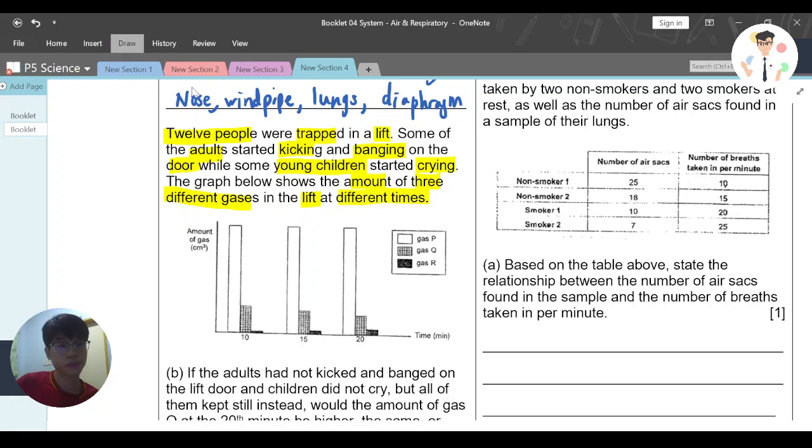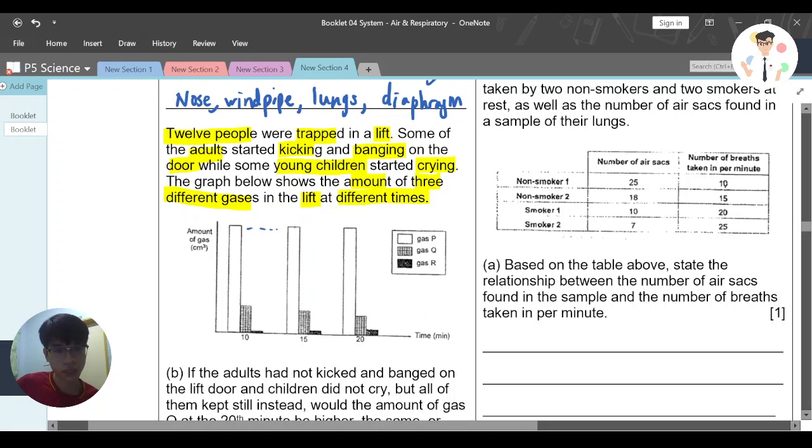So you can see that this one remains the same. So which gas remains the same? Actually, in the composition of air, we know that it's nitrogen, right? Why? Because our human body does not need nitrogen, so we breathe in and we breathe out the same amount. Okay, but you notice that gas Q is actually reducing. So why is it reducing?